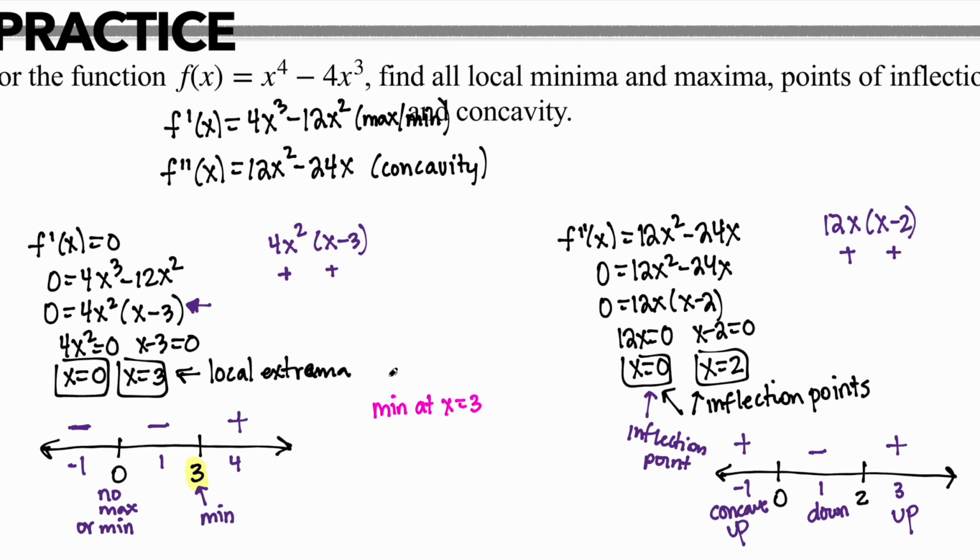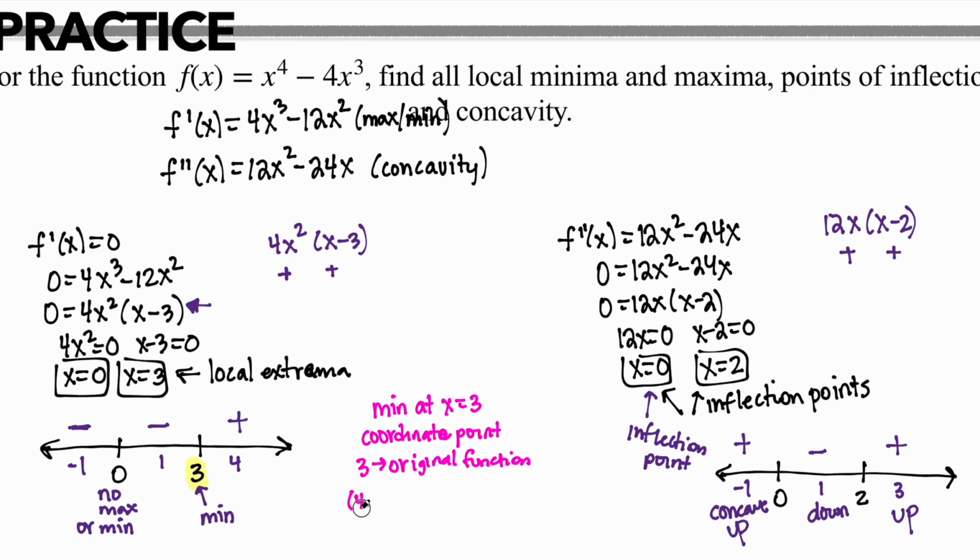The only other thing that you can do is, you know that there's a min at x equals 3, but you also can figure out the actual coordinate point. So to find the coordinate point, plug 3 back into the original function.